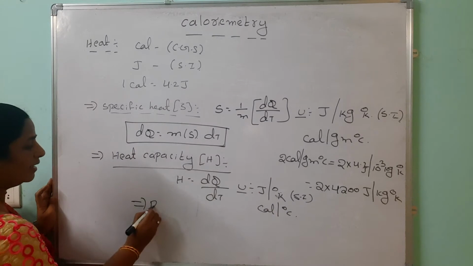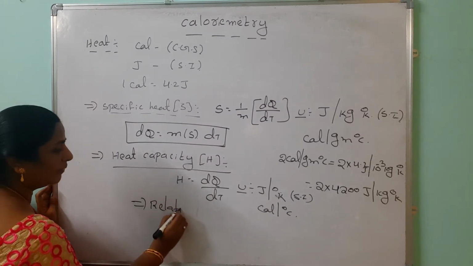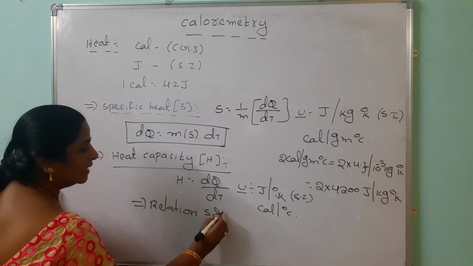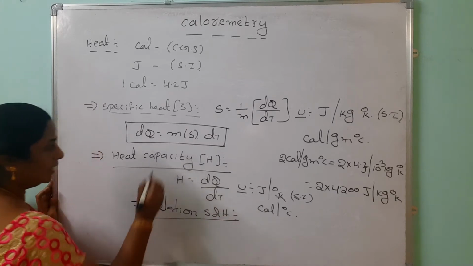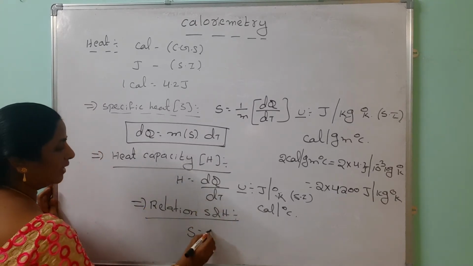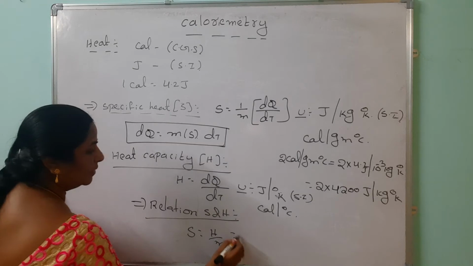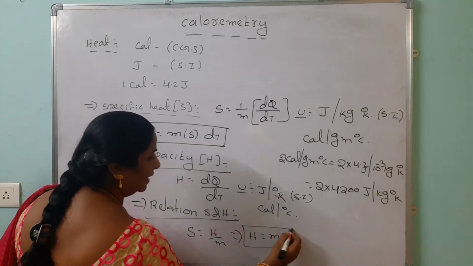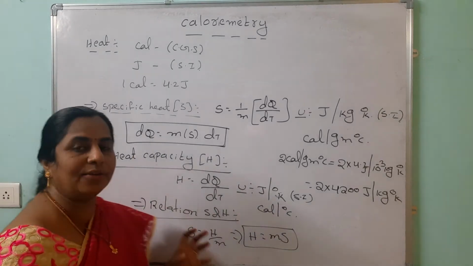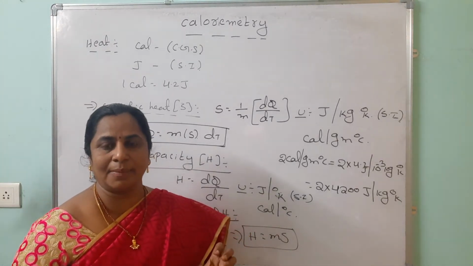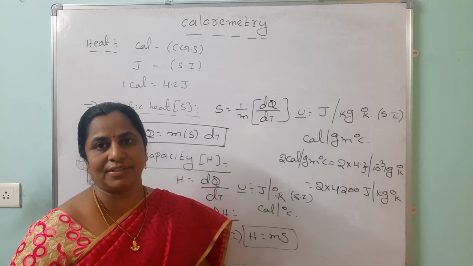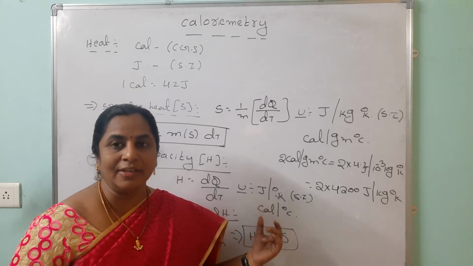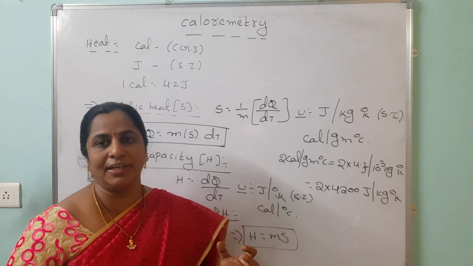Then we focus on the relation between S and H. S equals H by M. From this, H equals mass into specific heat. This is the relation between them. When we use the specific heat concept to increase the temperature of a body, we must consider the specific heat of that material.